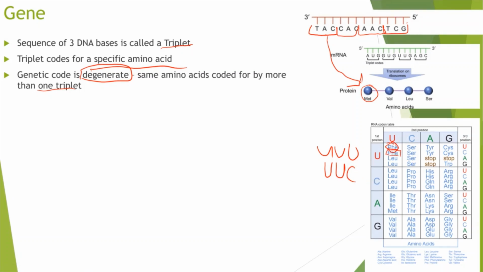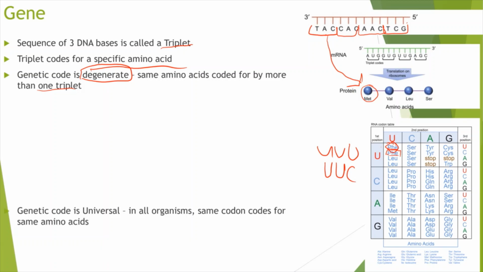So there are two codes coding for the same amino acid, and that's why the genetic code is degenerate, because the same amino acid, phenylalanine in this case, can be coded for by more than one triplet.